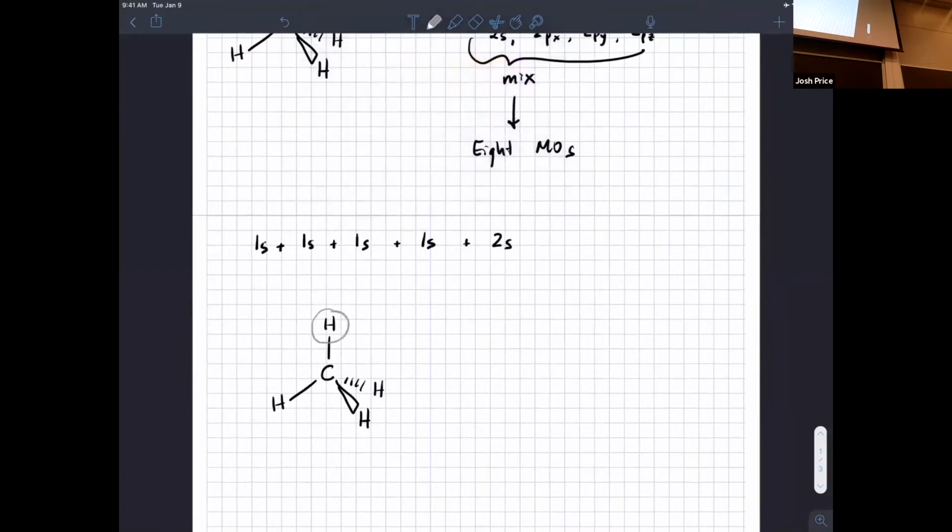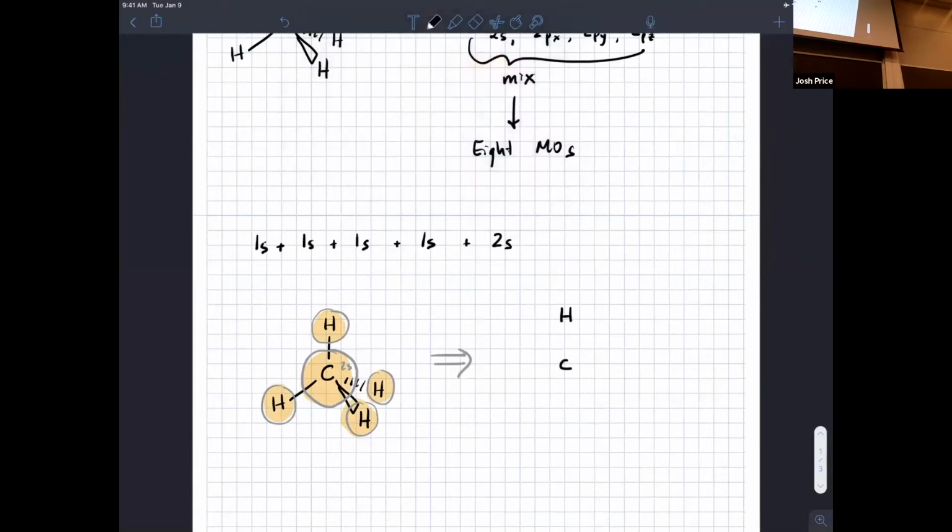I'm going to draw each of those individual atomic orbitals so that you can see where the new orbital we're going to get comes from. This is the 2s orbital from carbon, and then each of the 1s orbitals from hydrogen. But what I mean by this actually is that when you mix them together, here's what you get.